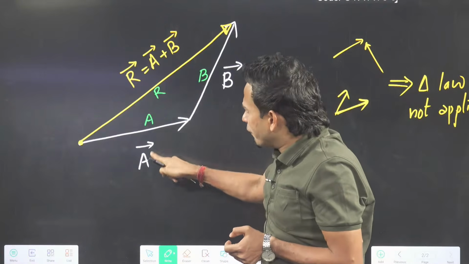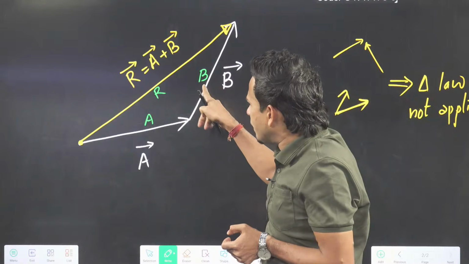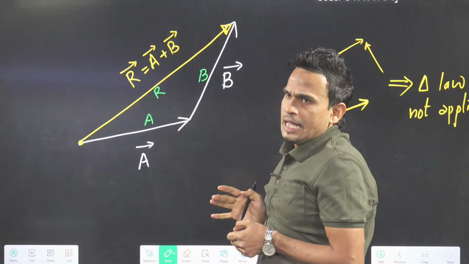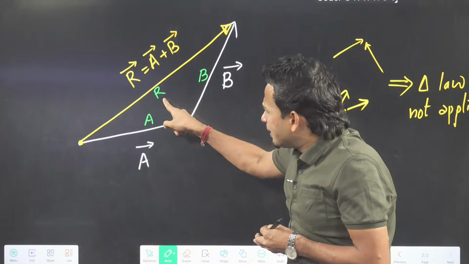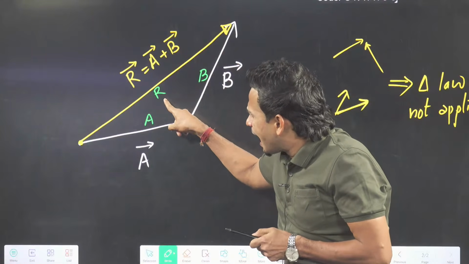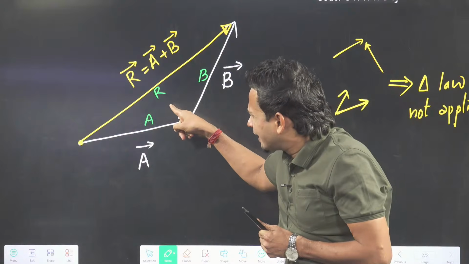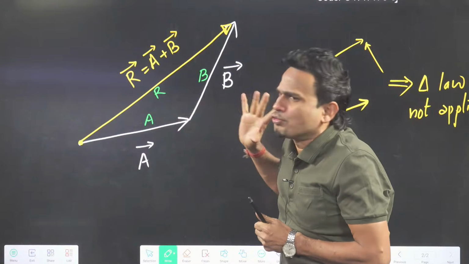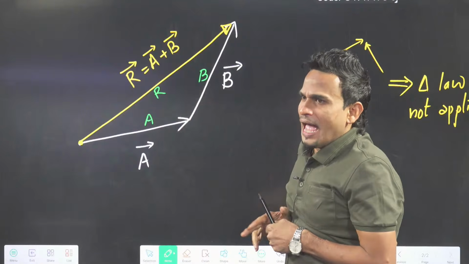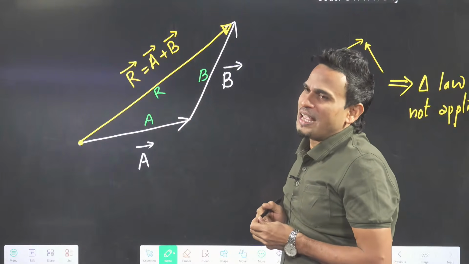So magnitude of A bar is A, magnitude of B bar is B, magnitude of R bar is R. Magnitude you can calculate with the help of A and B, and not A plus B.